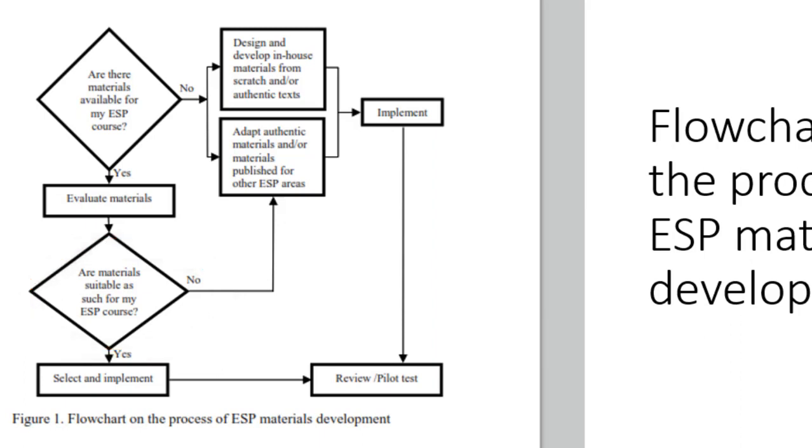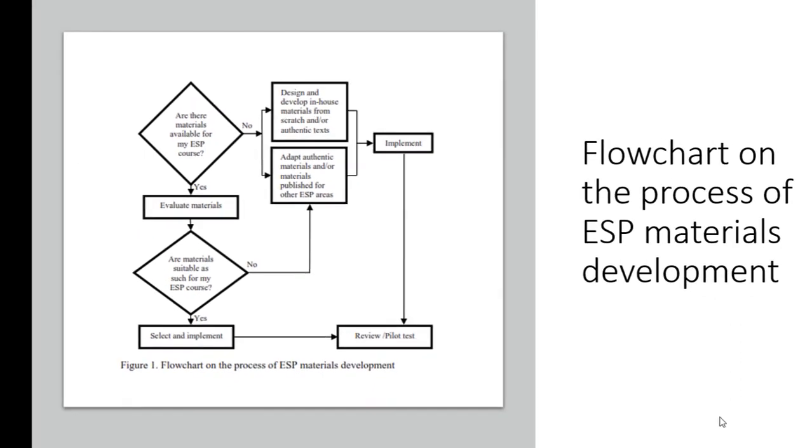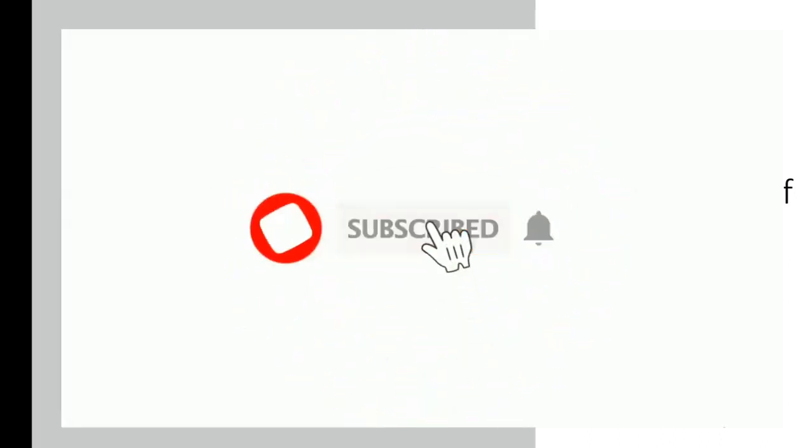And then if you say yes, then you select and you implement, and you do review, right, after doing pilot tests. Well, this is a very simple explanation, guys, but I do hope that it's going to be helpful for you to understand materials evaluation.